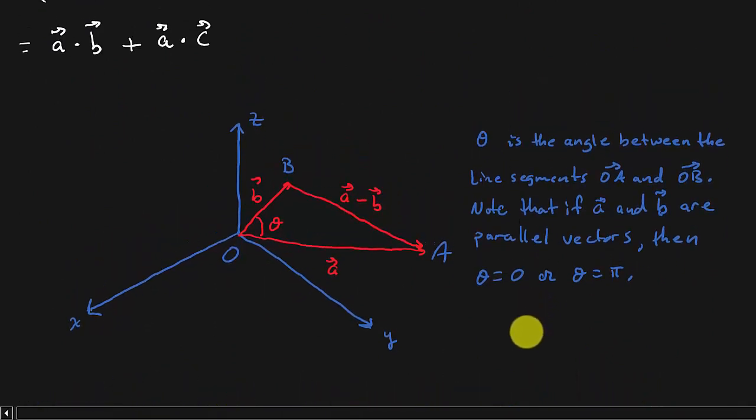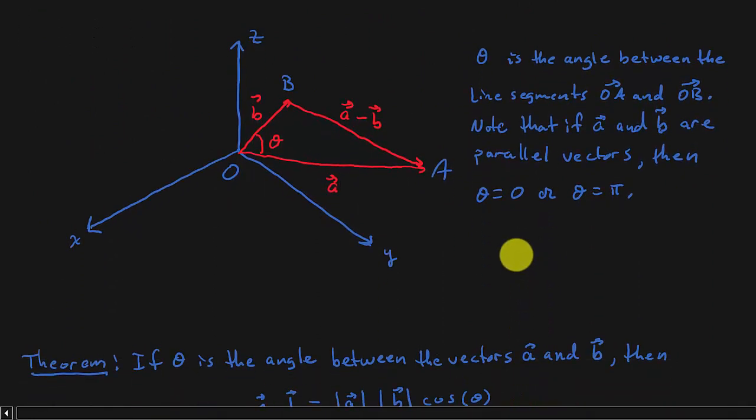All right, so let's look at this one. It says theta is the angle between the line segments OA and OB. Okay, so we've got OA and OB. Here's theta. Note that if vector A and vector B are parallel vectors, then theta equals 0 or theta equals pi.